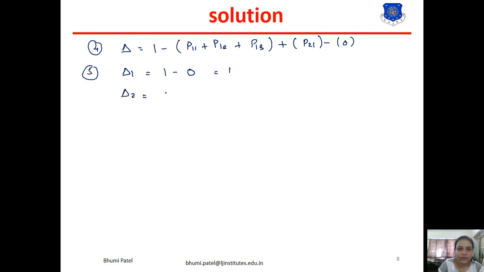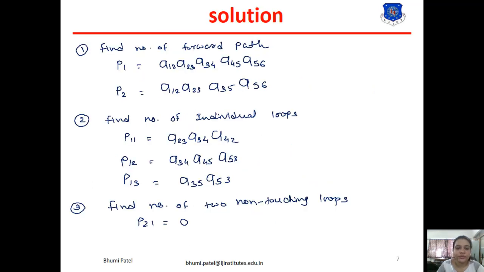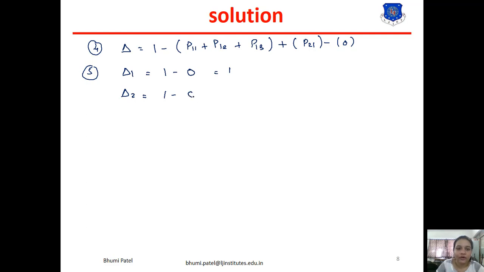Now delta 2 is equal to 1 minus all the loops that do not touch the second forward path. Here you can see this is our second forward path. All the loops touch the second forward path also, so delta 2 is equal to 1 minus 0, which is 1.